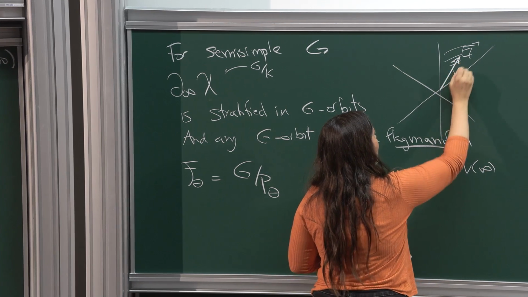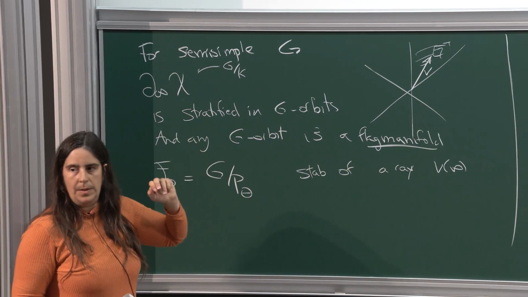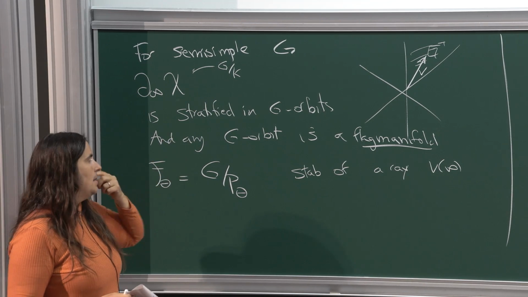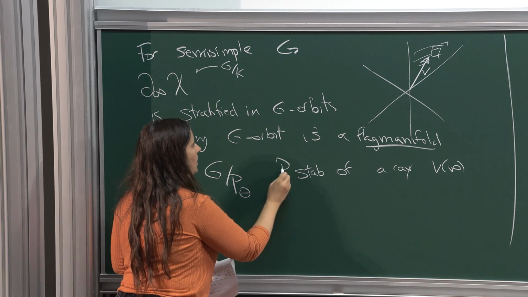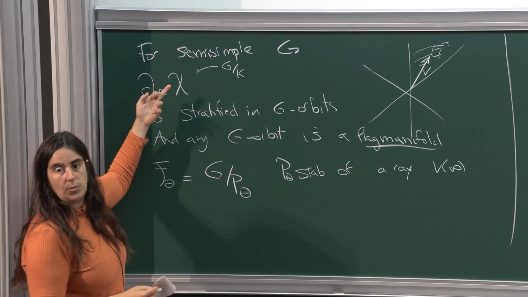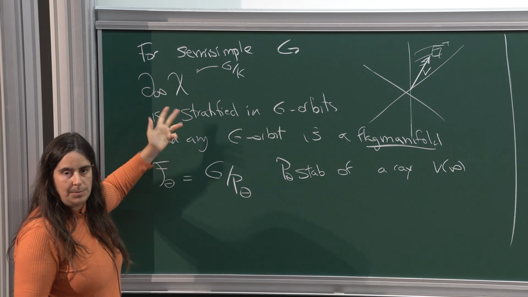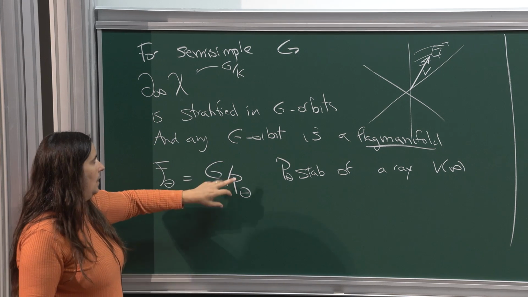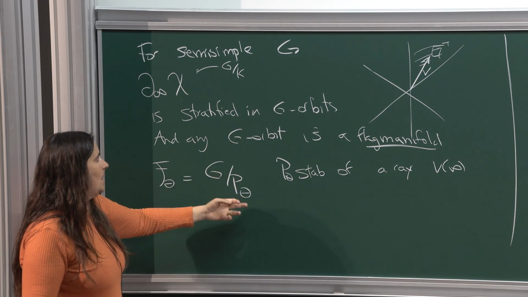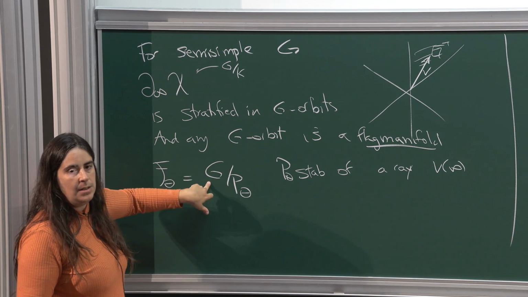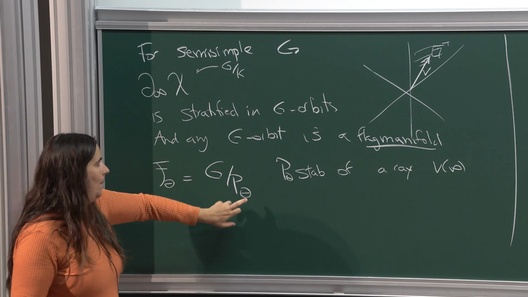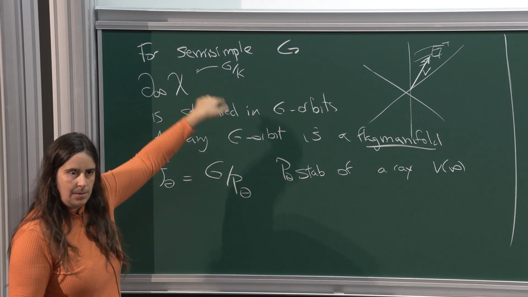So I take a vector V in my Weyl chamber, and I look at this geodesic ray it spans, and then P theta is the stabilizer in the visual boundary. So this is a subgroup of G, because G is acting on the boundary, and this is a special subgroup that has a compact quotient. And actually, all compact quotients of G arise this way for some choice of P theta that you can see in the boundary.